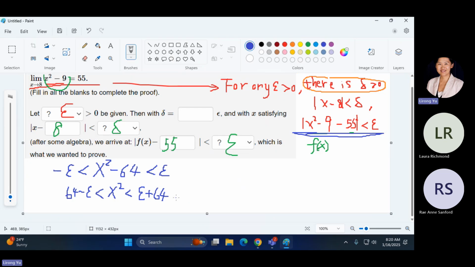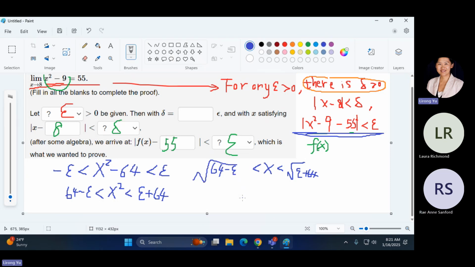Okay, and then we'll have to get x by itself. So this time you're going to take the square root, and that's what happened here. So x is less than the square root of epsilon plus 64, and bigger than the square root of 64 minus epsilon.